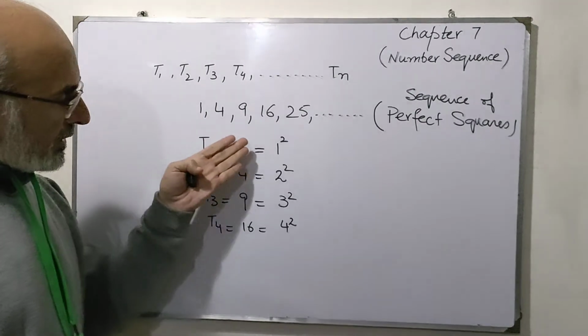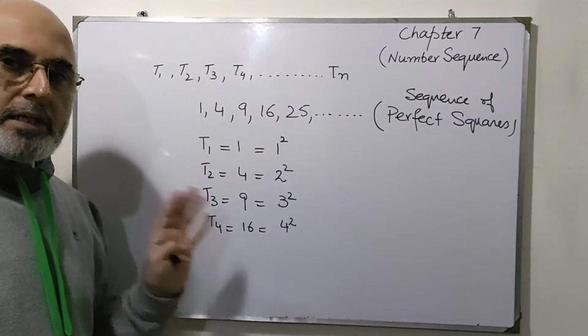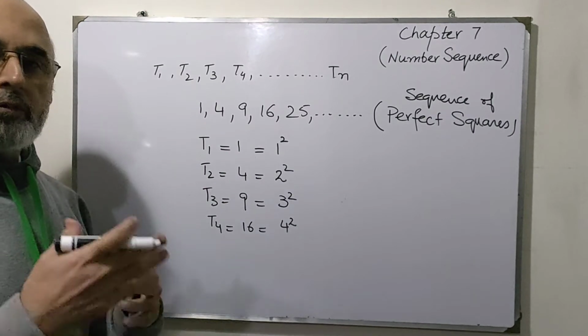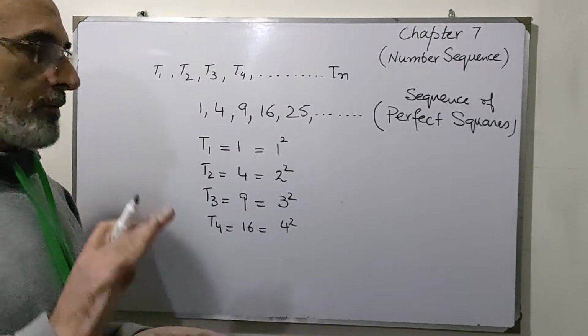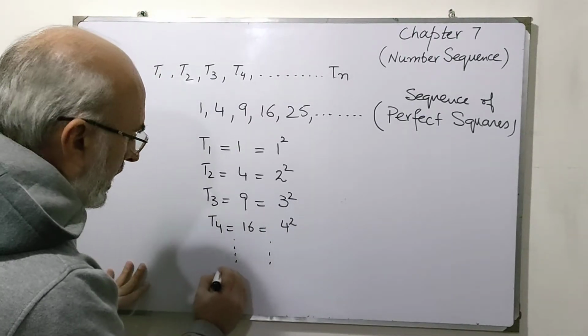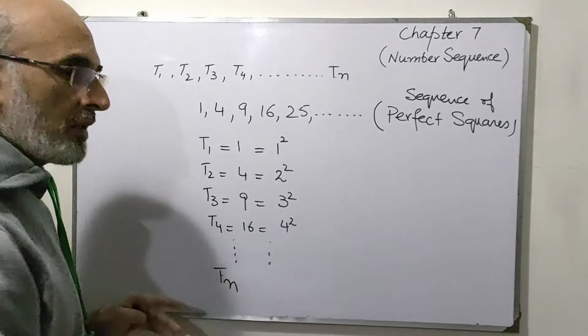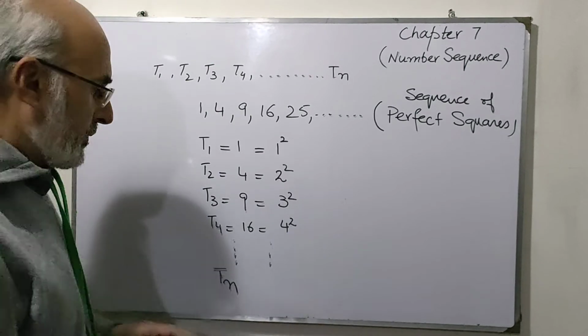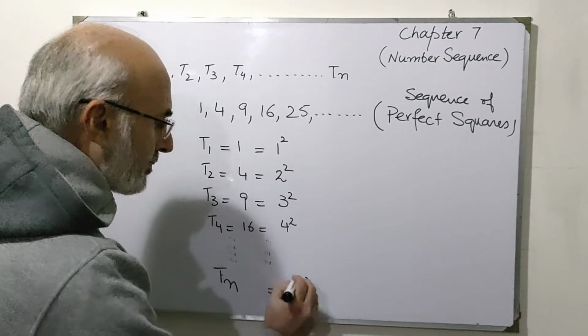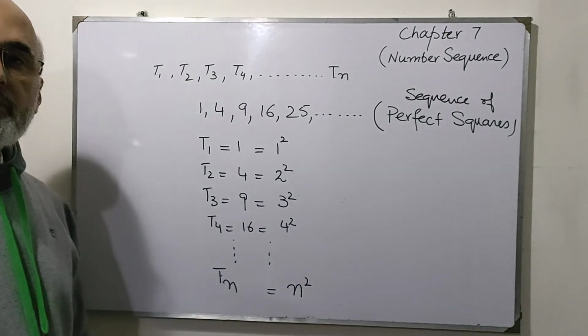This gives us some indication that this sequence will go on forever. So if we continue like this, what will our Tn, the nth term or general term, be? It will be n square, right?